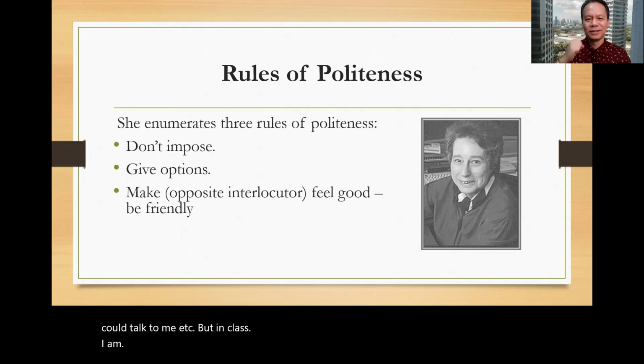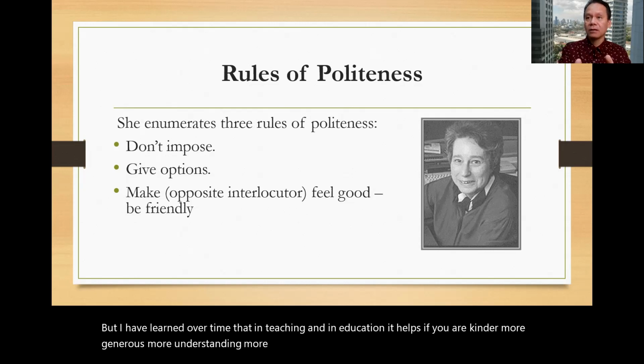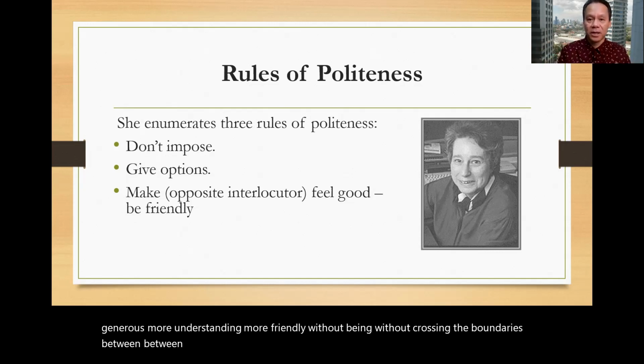I mean, business only. But I have learned over time that in teaching and in education, it helps if you are kinder, more generous, more understanding, more friendly, without crossing the boundaries between us. There's still that respect, right?